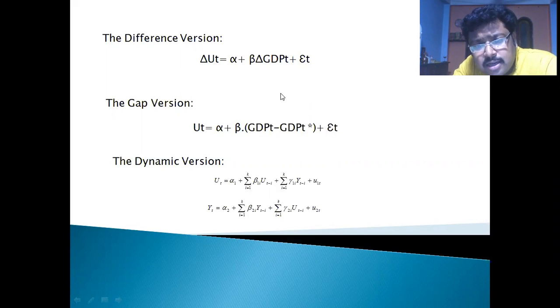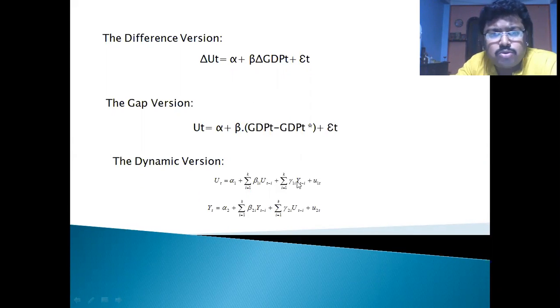Inversely, a 3% increase in GDP means a 1% reduction of the unemployment rate. So this is the difference version. It is important you understand it. And this part is the remaining factors that can have an effect on this part.